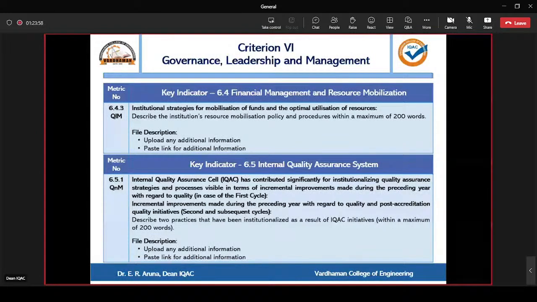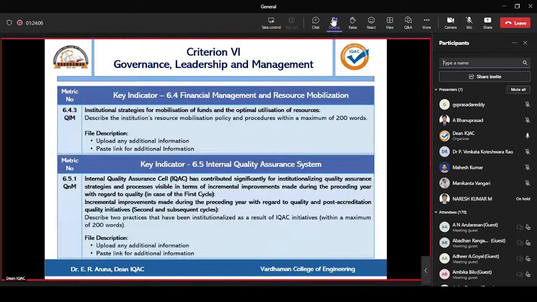First, the IQAC monitors the continuous improvement of the quality in academic processes. The best practices and benchmark processes of the college are key performance indicators.